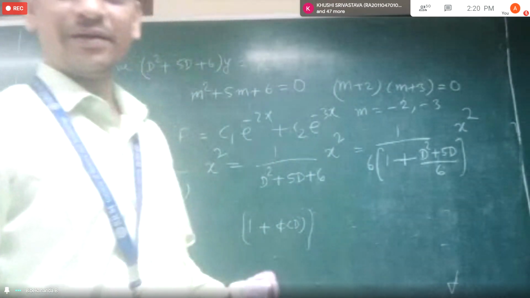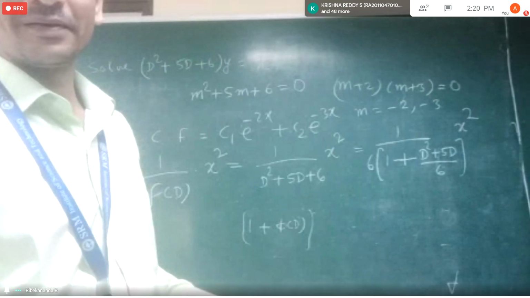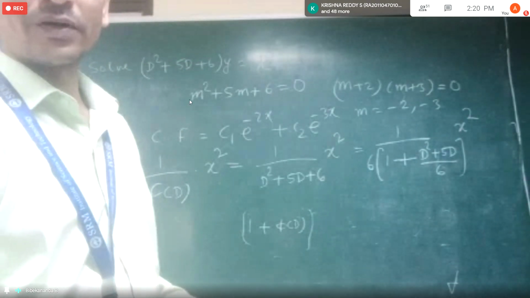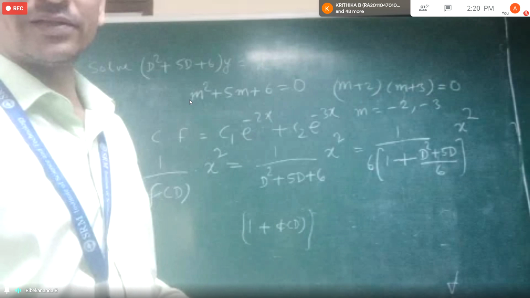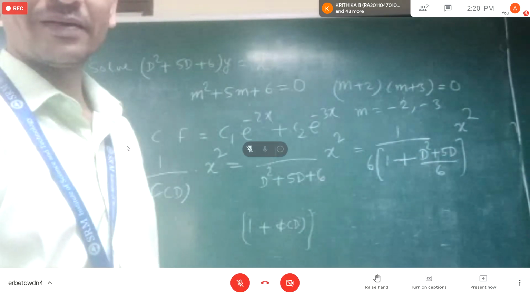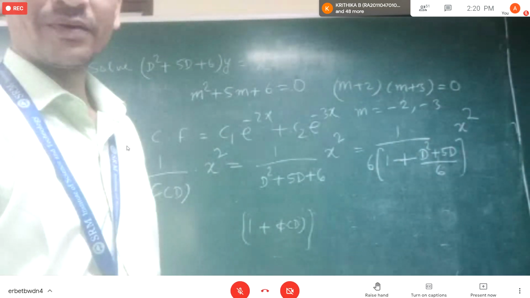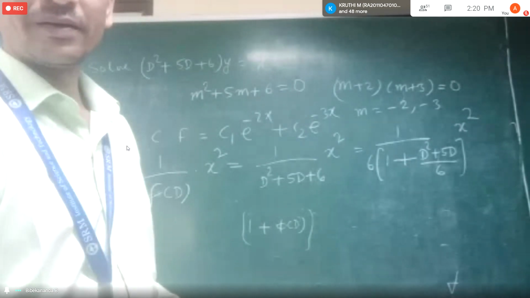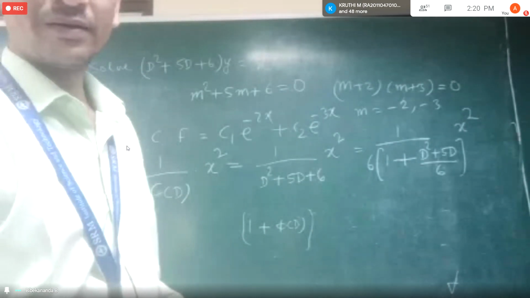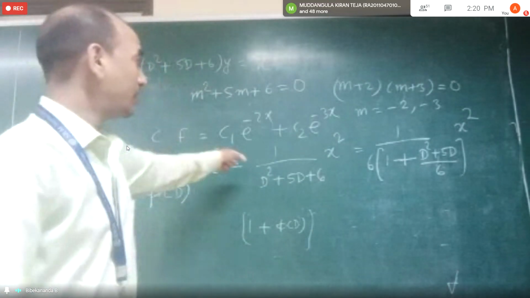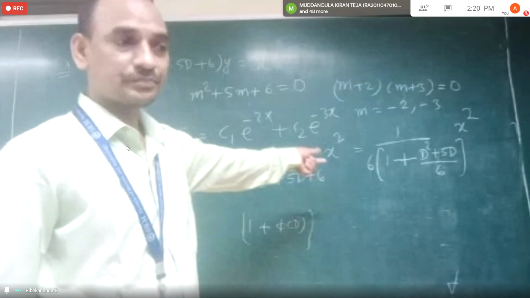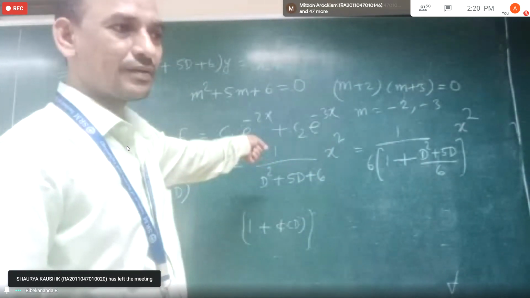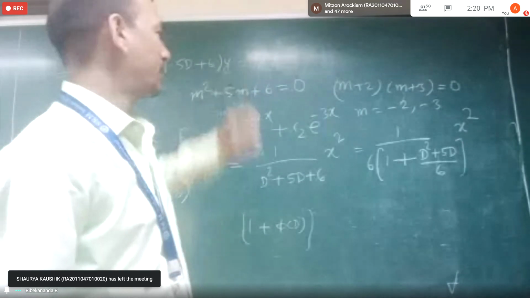Charan N. Charan N is there? N Charan or Charan N? Sir, Charanjit is there, sir. Okay. Okay. So up to this it is clear? Yes, sir. Yes, sir. Okay.